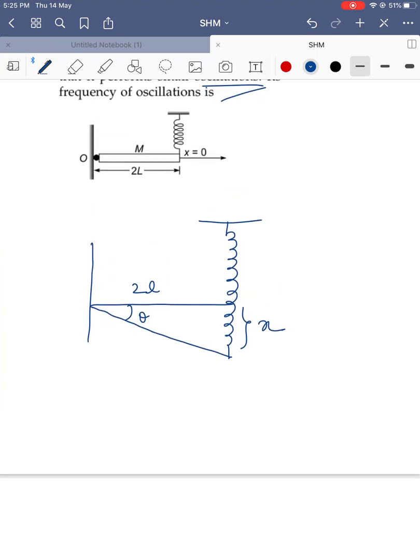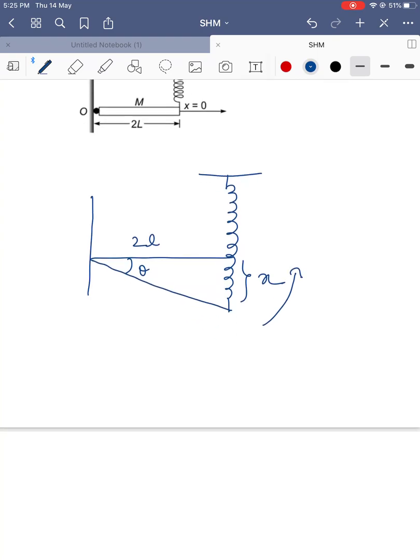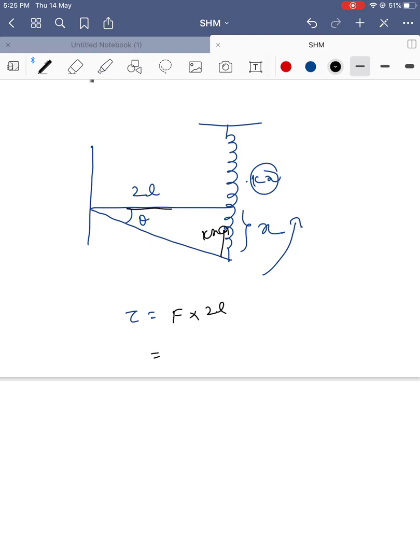Torque, how much will the torque be? It will be in the anti-clockwise direction. K into X is the force which is acting in the upward direction, and force into displacement, the displacement is 2L. So torque is equal to K into X into 2L.